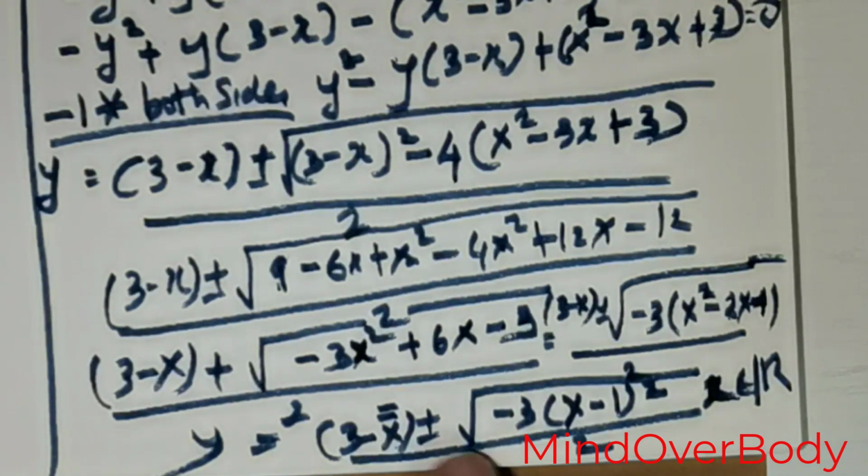But the problem is we have a square root, and that would mean the quantity inside the square root would require a complex representation.